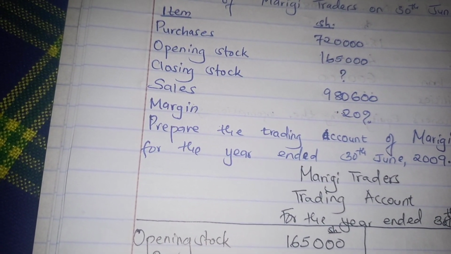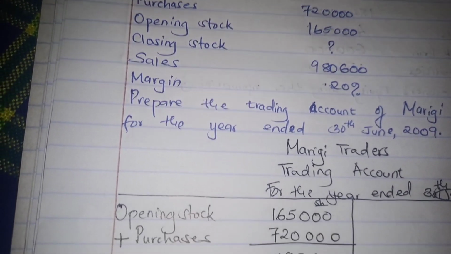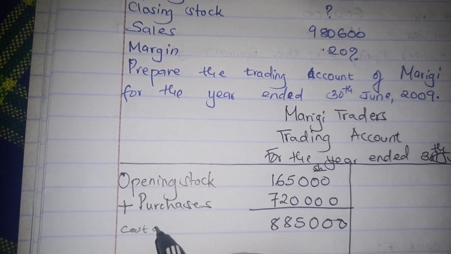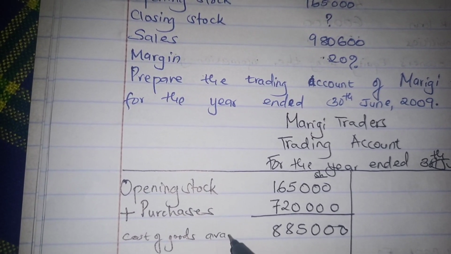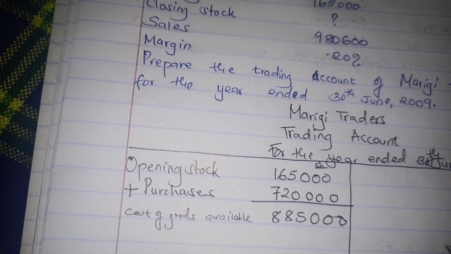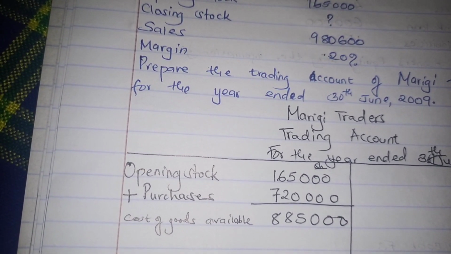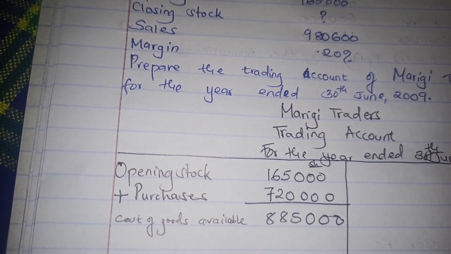We do not have any purchases returns. Therefore, this figure is going to be our cost of goods available for sale. So, cost of goods available for sale, to arrive at a gross profit, we need to get first the cost of goods that were sold.